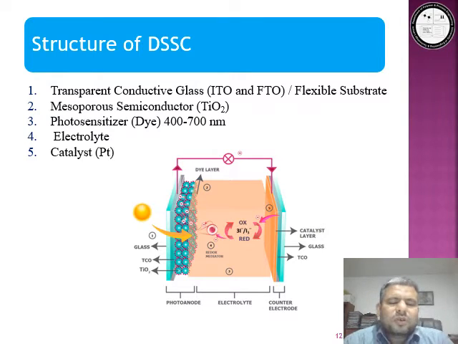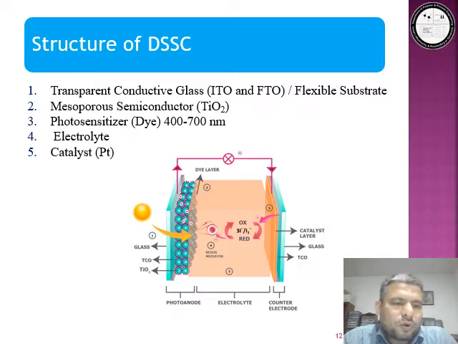The major component of DSSC is the dye. That is the third component. Its function is to absorb light and inject electrons into the conduction band of the semiconductor. An efficient photosensitizer must absorb sunlight in the visible region, that is from 400 to 700 nanometers.